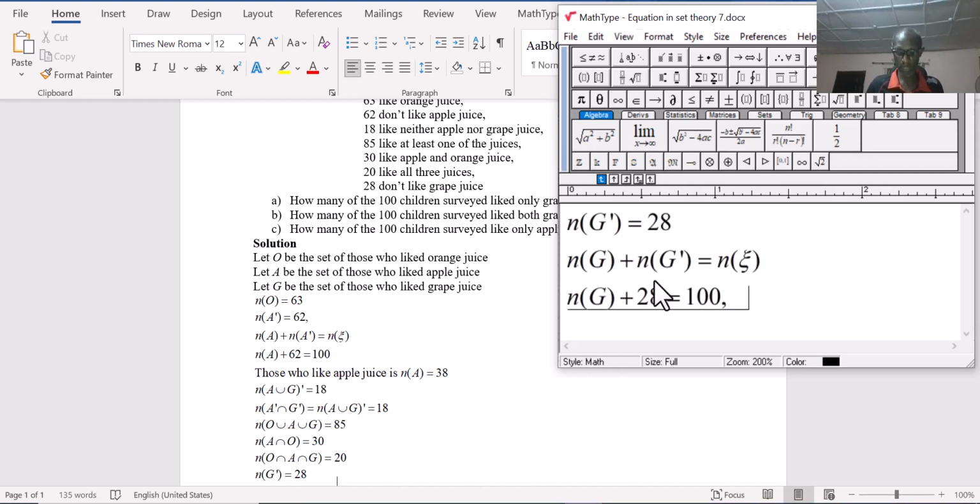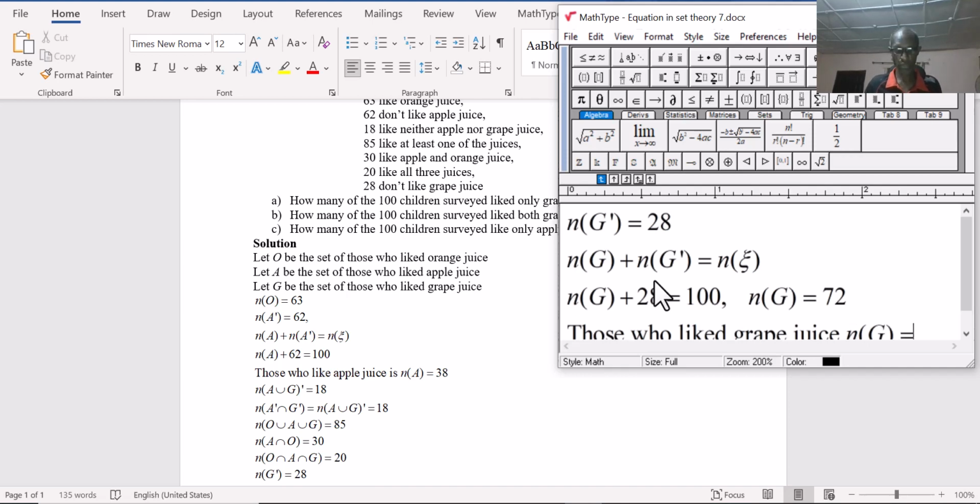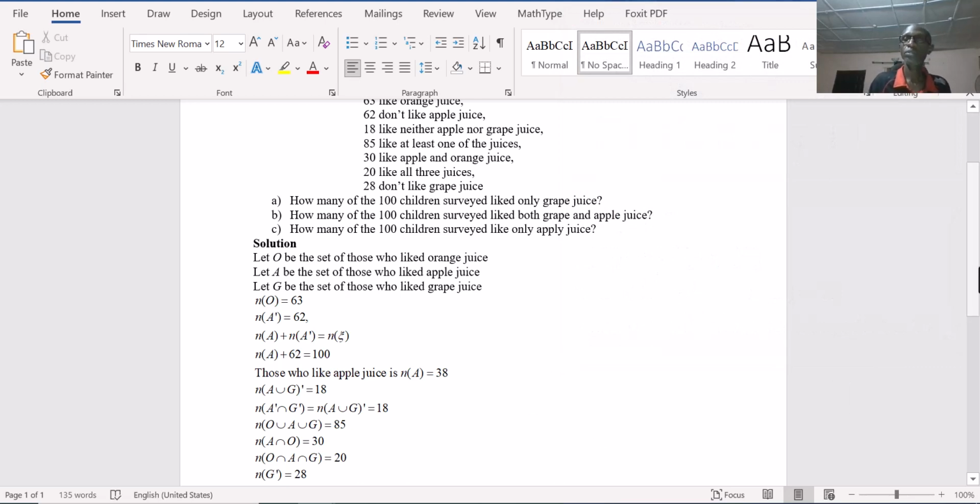So by this we have, that will be 72. So those who like grape juice is equals to 72.